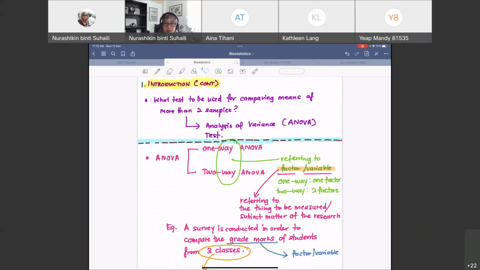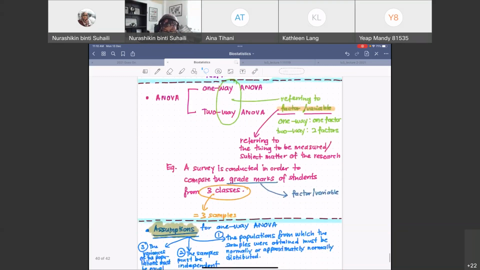So there are 2 factors. In that situation, you have to apply two-way ANOVA. It means you can compare the two things of 5 samples at the same time. But in this LU, we're going to focus first on one-way ANOVA. That's what "way" stands for.